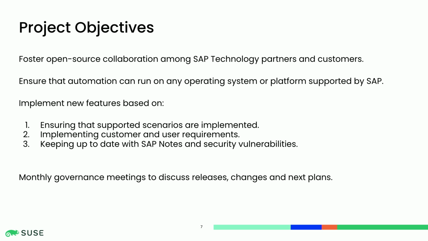Then we have that our automation, our Ansible roles, we are going to deep dive into the roles later on, are open and operating system agnostic to ensure that they can be executed on different SAP supported enterprise Linux operating systems.